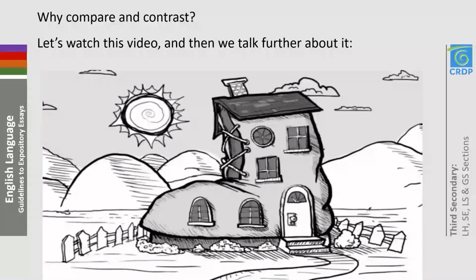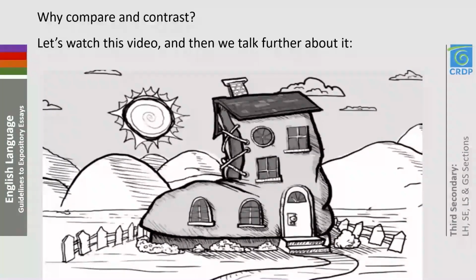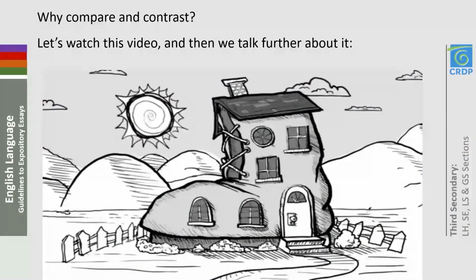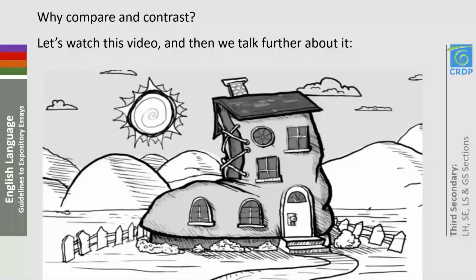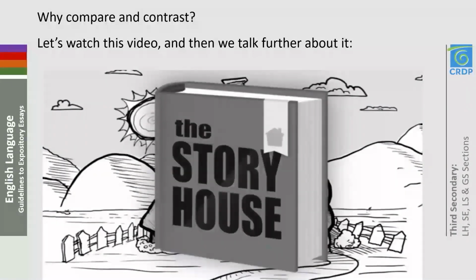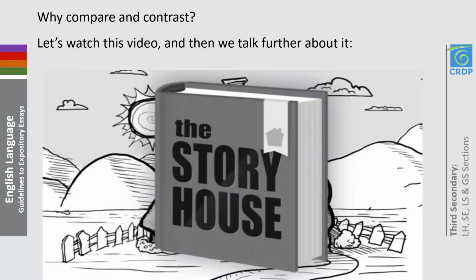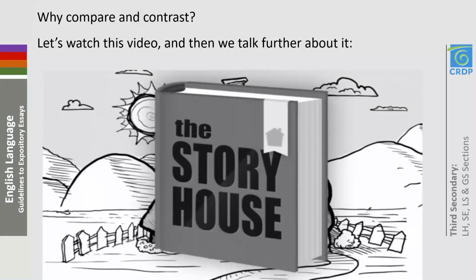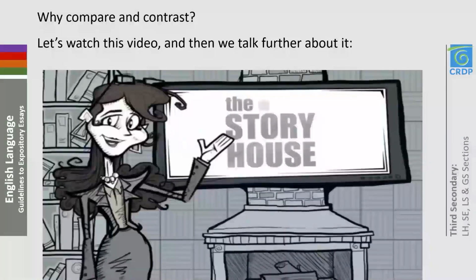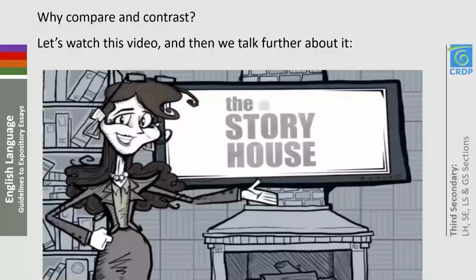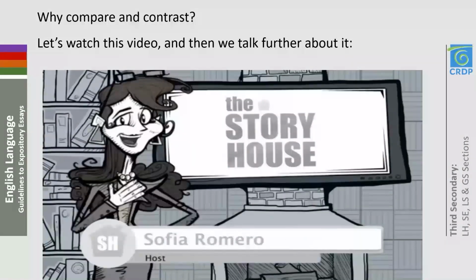We've got a nonfiction throwdown tonight as the authors of two articles on the very same topic face eviction from The Story House. Join us on reality TV's only show filled with your favorite writers and characters. Welcome, everyone, to another edition of The Story House. I'm your host, Sofia Romero.